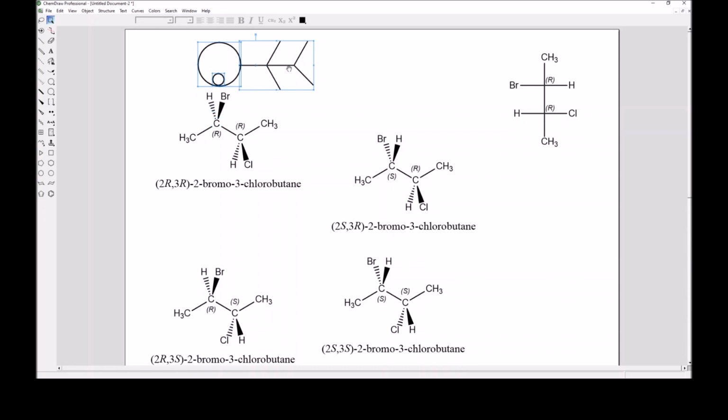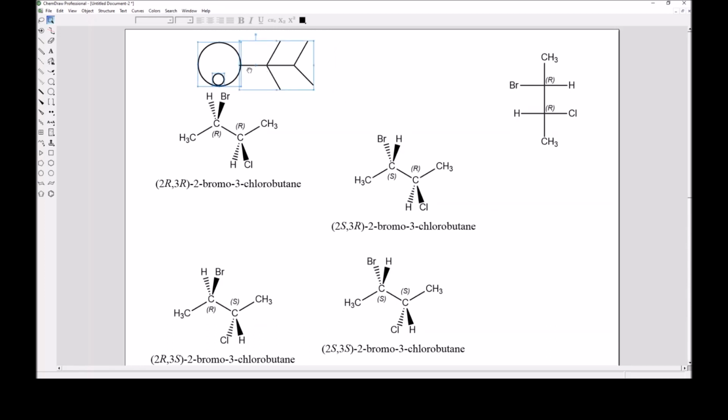And as long as you take that stick figure and you point that stick figure's feet towards the higher numbered carbon and the head towards the lower numbered carbon, then you have put them in the correct orientation to be looking at the Fischer projection.